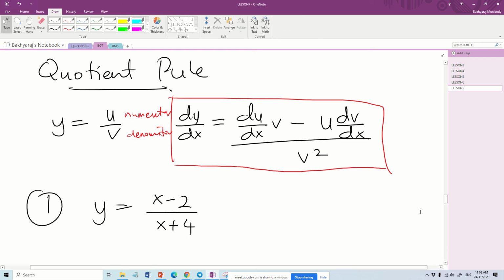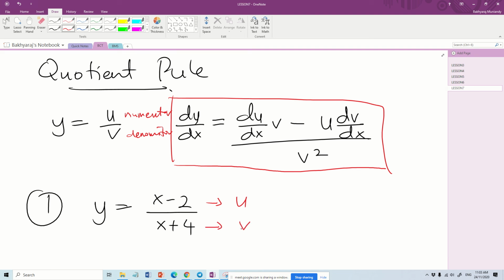Okay, kita boleh cuba ni. X minus 2 over x plus 4. First label what is your u, what is your v. Come up with the label. So this is u, this is v.